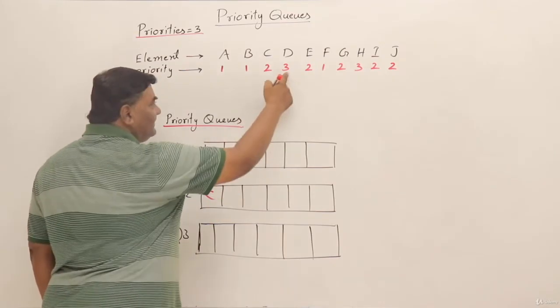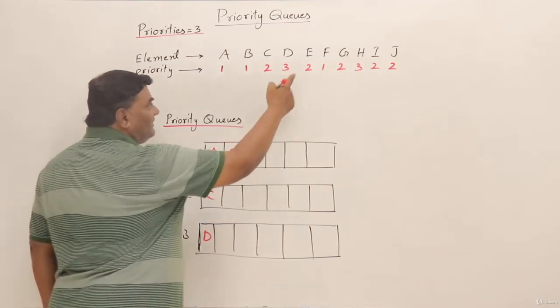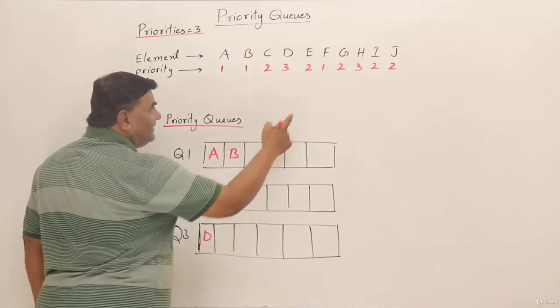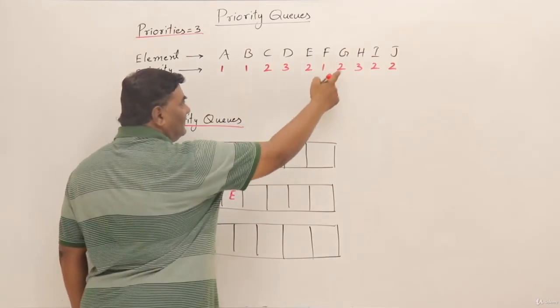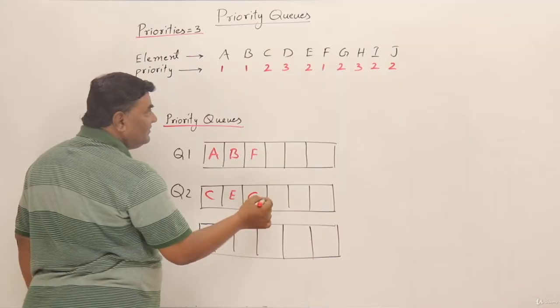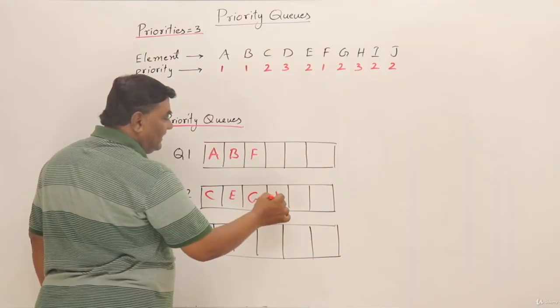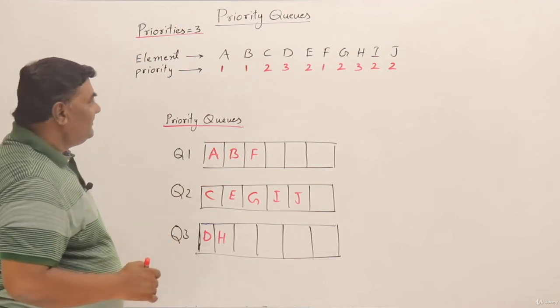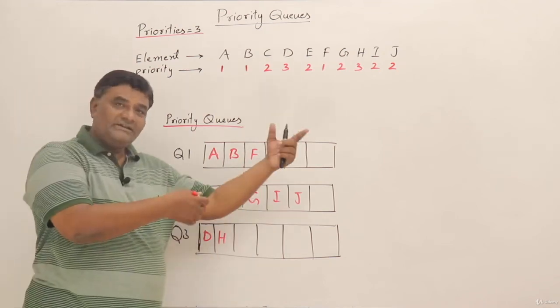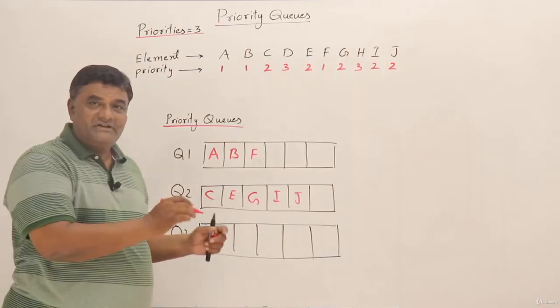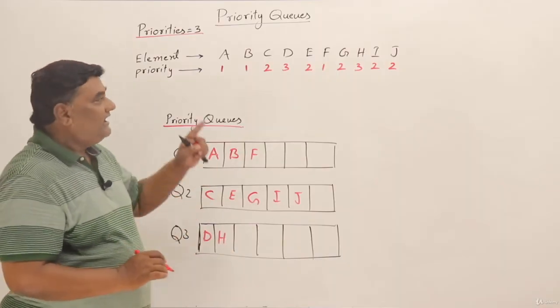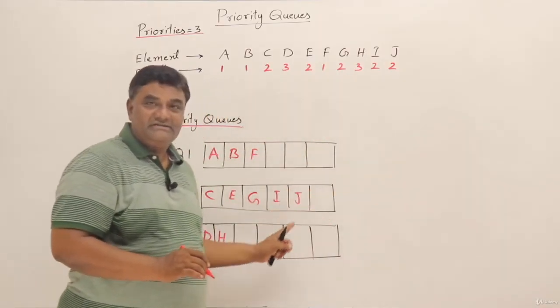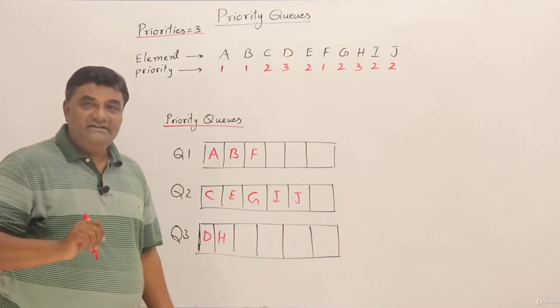C is 2, D is 3, E is 2, F is 1, then G is 2, H is 3, I and J are 2. So I have inserted the elements based on the priority. If more elements are coming, I will be inserting them. Whenever I have to insert any element, I will check its priority and insert it. That's it. Let us look at delete.